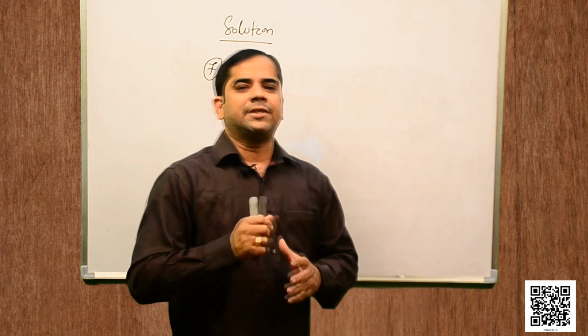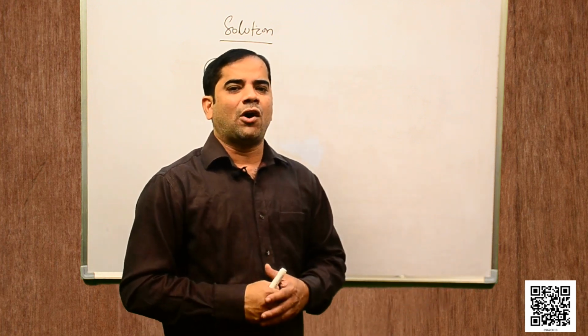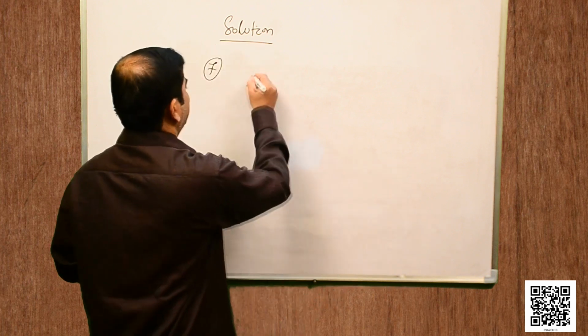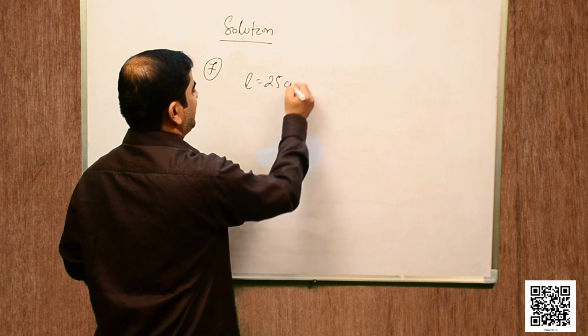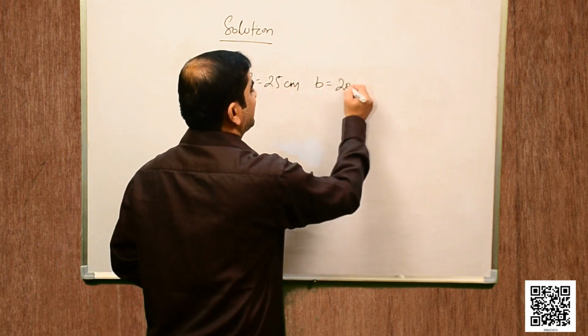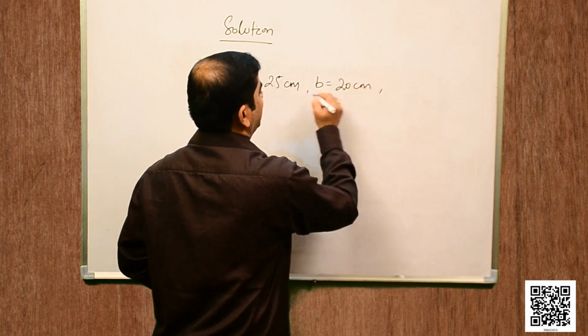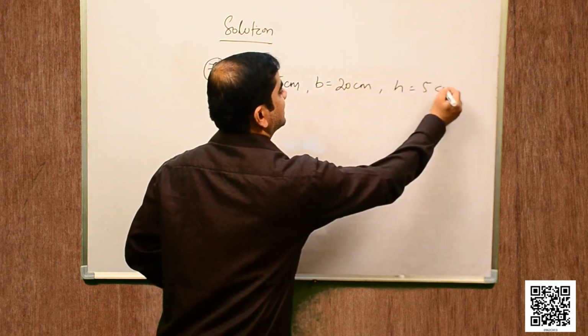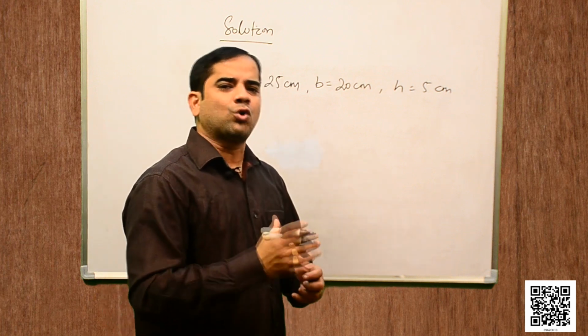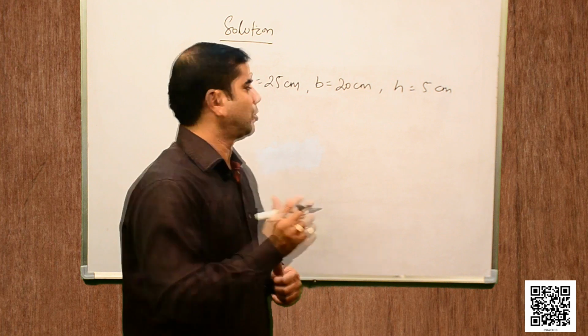Fine. Students, the dimension for the bigger box is given as length is equal to 25 centimeter, breadth is equal to 20 centimeter and height is equal to 5 centimeter. Okay. So, let us find out the total surface area of the bigger box.